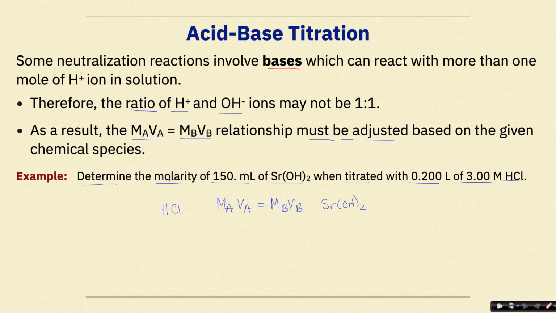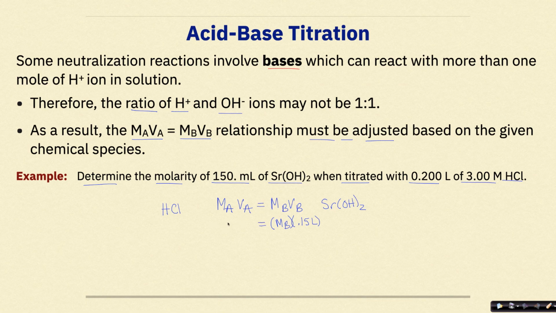Okay, so now this says determine the molarity of 150 milliliter of SrOH2. So the volume of my base is 150 milliliters. So of course we're going to change that over into liters. So 0.15 liters.